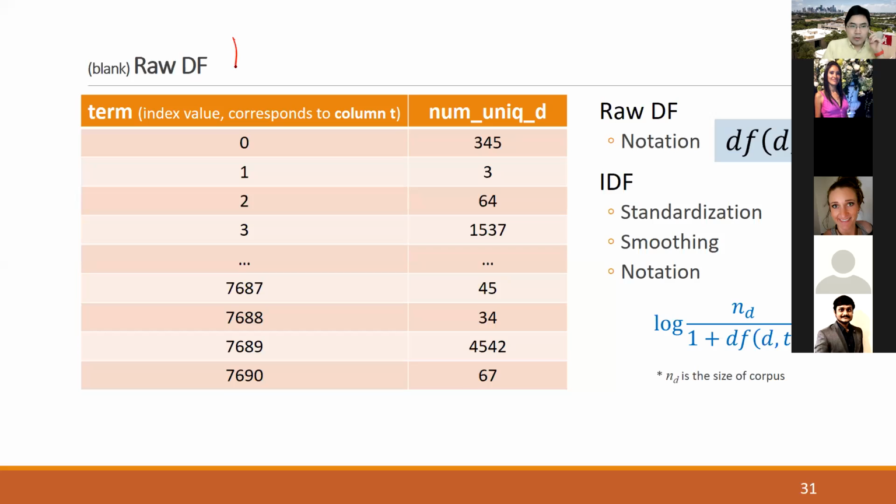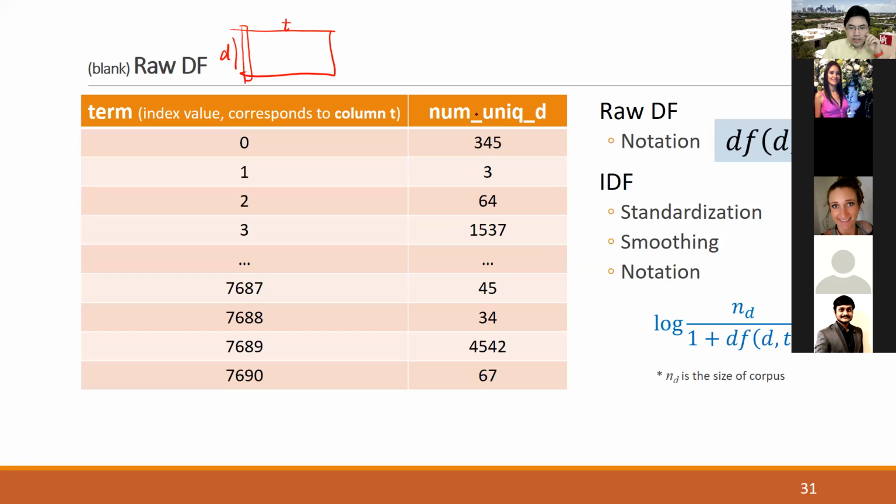So basically, if you have a term frequency, this is document, this is T, and you do the column sum. You take the sum of the first column, but when you do the sum, you do not sum the whole values of these. You sum the unique documents that have values larger than 1.